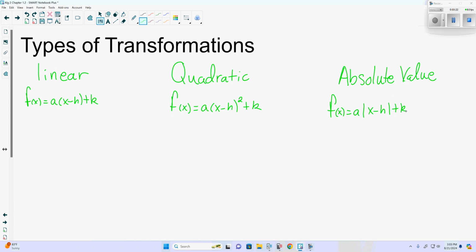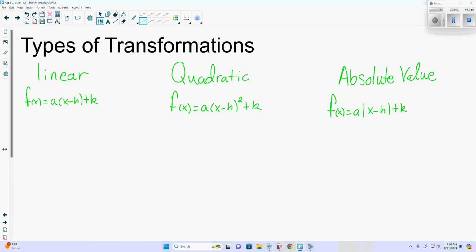So these three here are the general forms of each of the three. In the general form, we can plug in a value of a, h, and k and get the new version of the linear, quadratic, or absolute value with the given transformations. Also, if we're given a function that is a part of the linear, quadratic, or absolute value, we can know how the function was transformed or how it was changed to get to that equation.